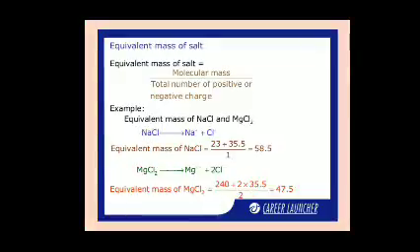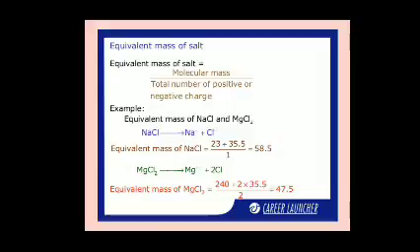Equivalent mass of salt is equal to gram molecular weight by charge on the cation or anion. Equivalent mass of NaCl and magnesium chloride. Sodium chloride gives Na+ and Cl- ions; its charge is equal to 1. One sodium and one chlorine, 23 plus 35.5, that is 58.5.